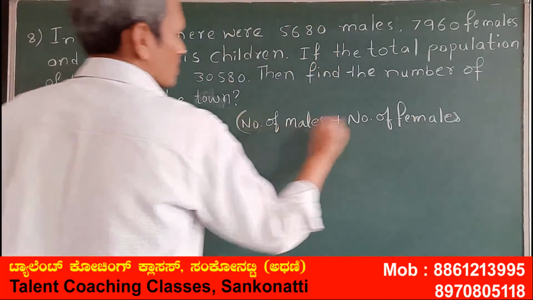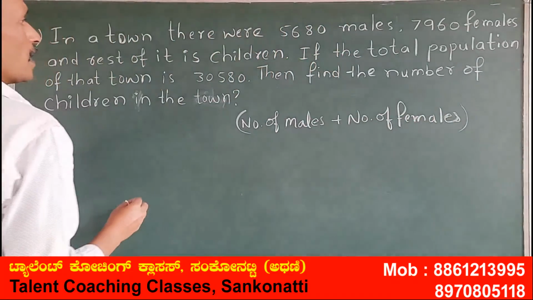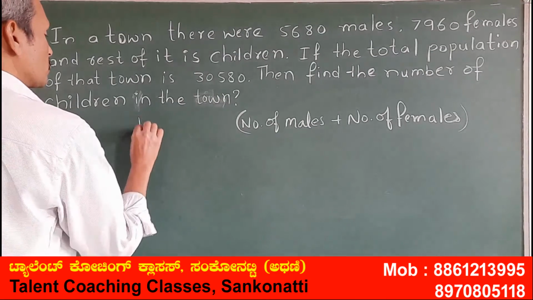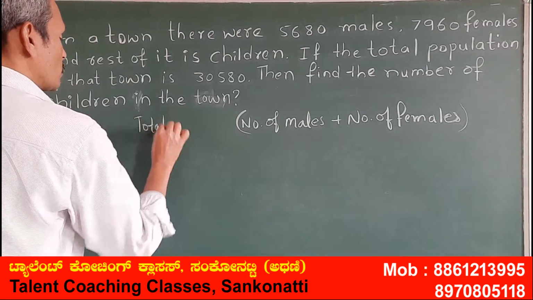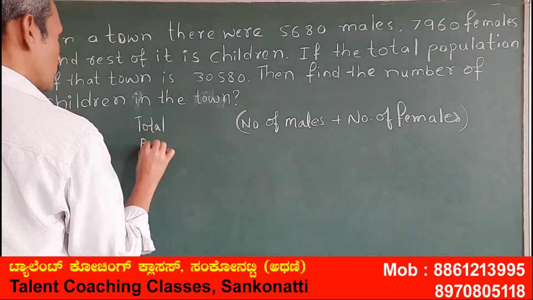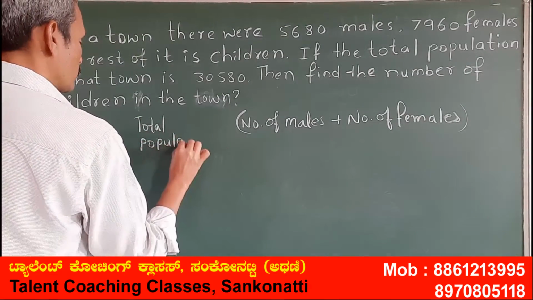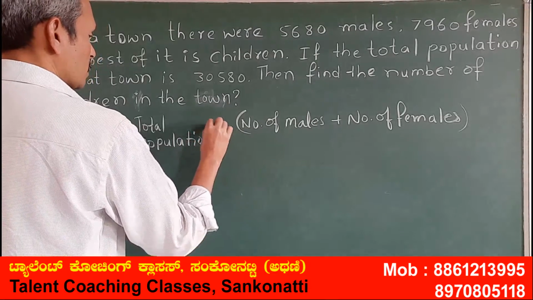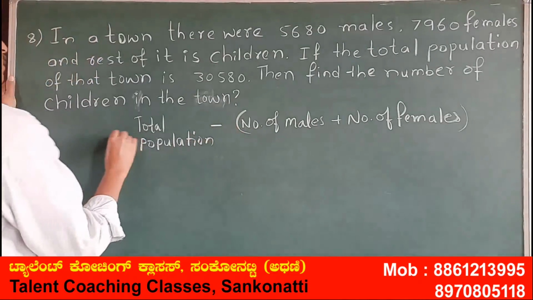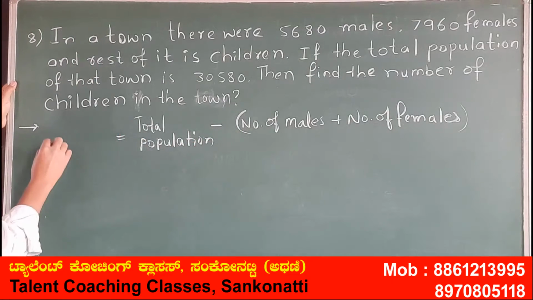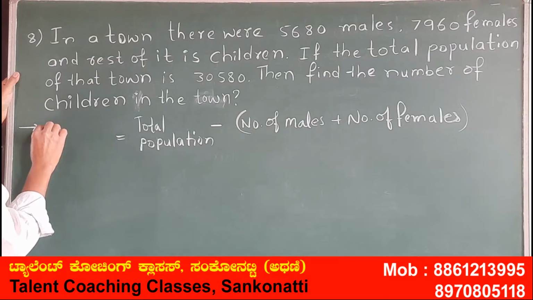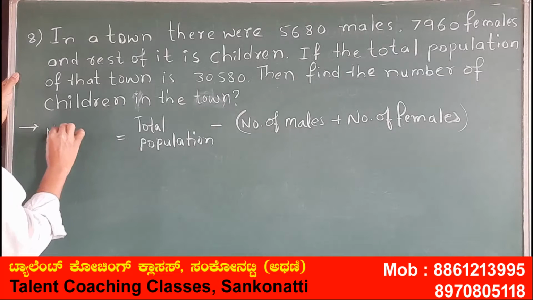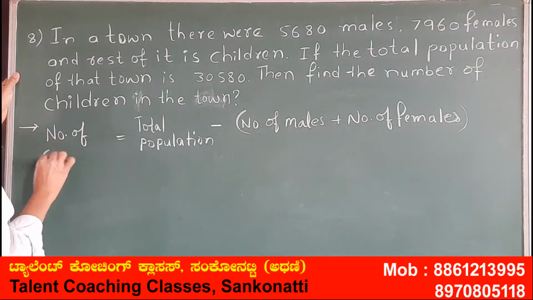Then we add these two, and from the total population we subtract to get the number of children.